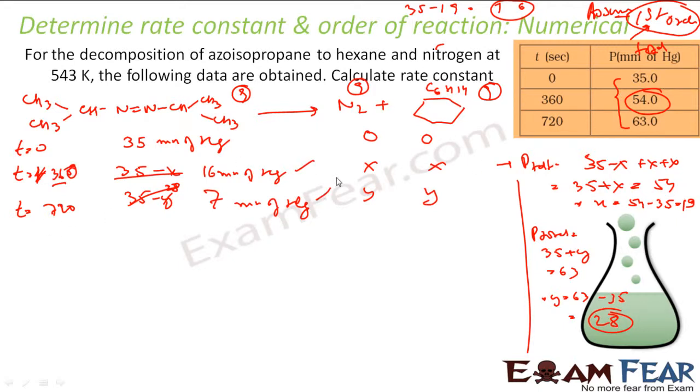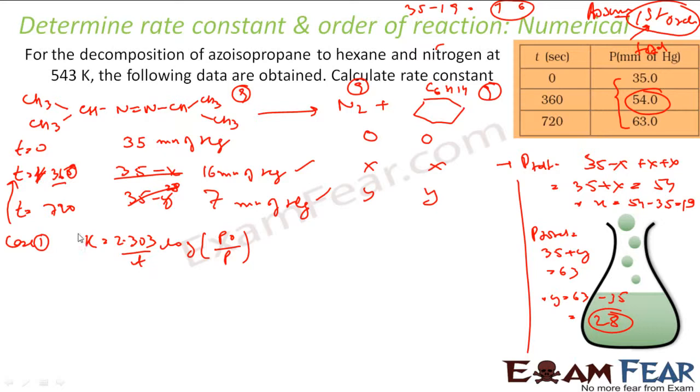Now let me apply the formula of first order equation. Assume it is first order equation. So this is my case 1, 360. K is 2.303 by T log of initial pressure of azoisopropane by final pressure of azoisopropane, that is P. Let's put the value. This is the general formula, right?